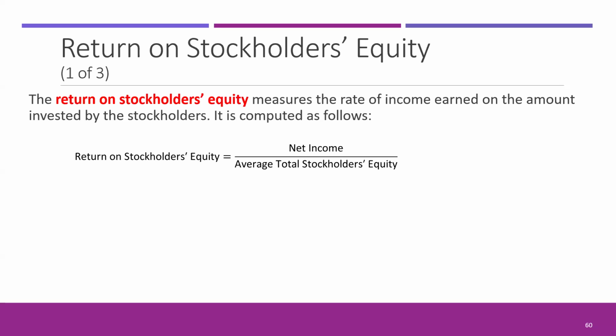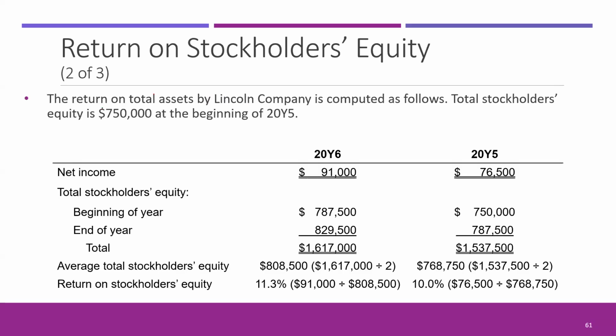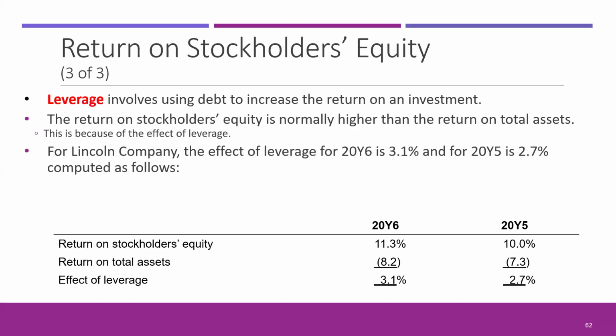Return on equity is net income divided by average total stockholders' equity. And right, equity is only a portion of the total assets. So return on equity is going to be higher because the denominator is smaller. And that's because of the effects of leverage. Because some of that was financed by debt, the debt is going to amplify the return.